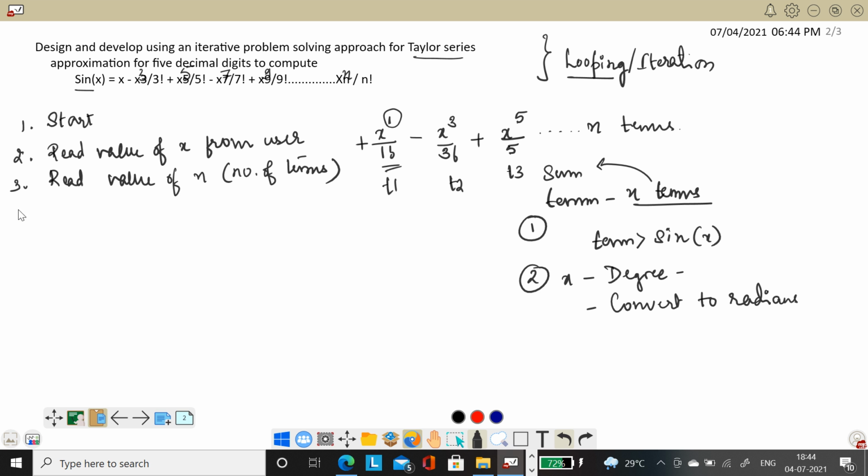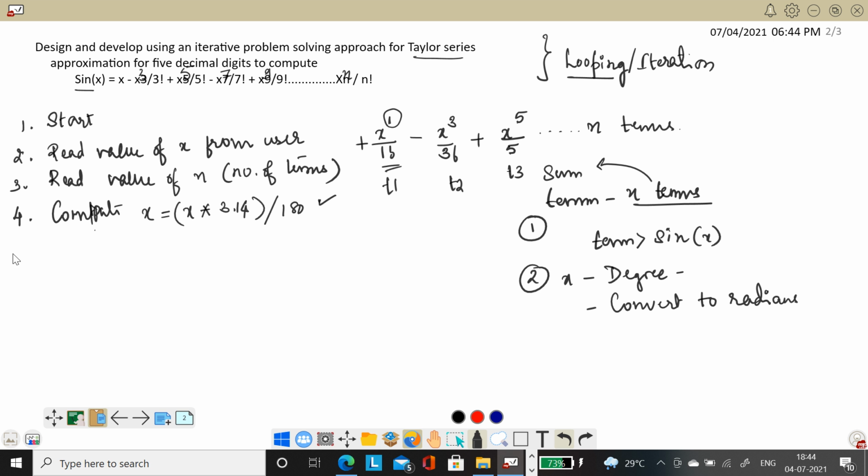Next, you have to convert into radians. For that I will compute x is equal to x, whatever value you have read, into 3.14 (pi) divided by 180. This will give me radians, the degree to radians conversion.